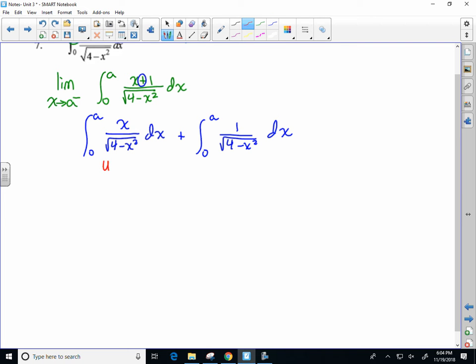If u is equal to 4 minus x squared, then du would be equal to negative 2x dx. I just want an x dx, so I'd write it as negative 1/2 du equals x dx.